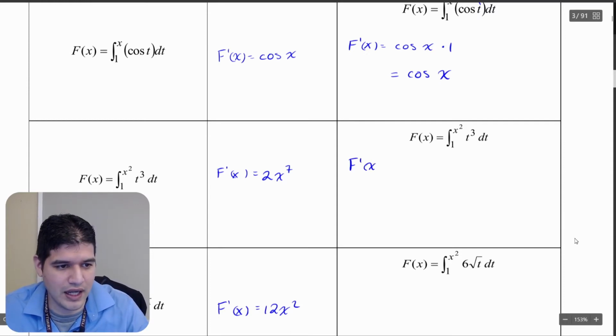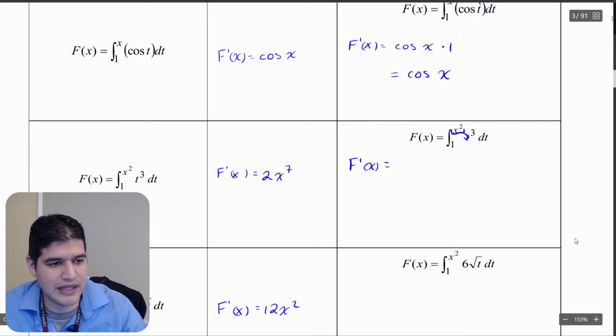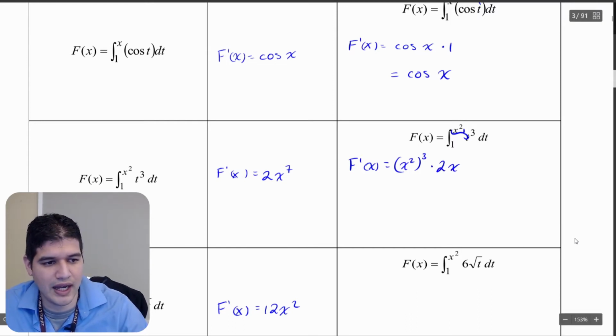So let's find f prime of x here. I'm going to substitute the x squared into that t, so it's x squared to the third, and then I multiply by the derivative. What's the derivative of x squared? That is 2x.